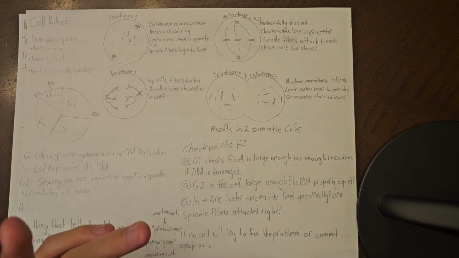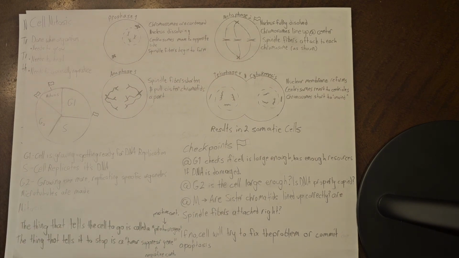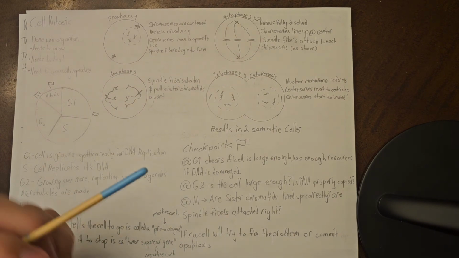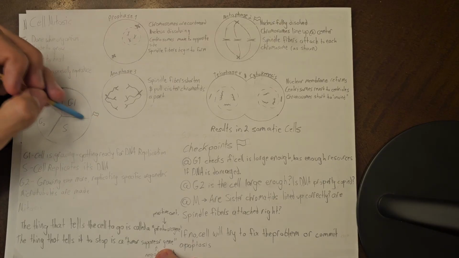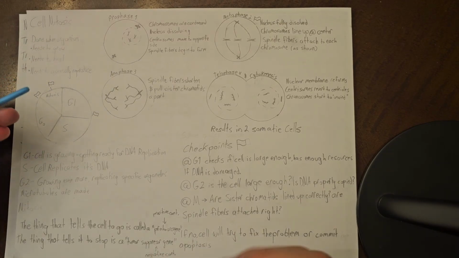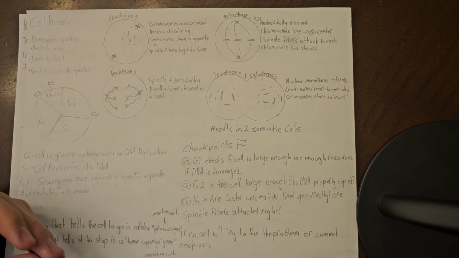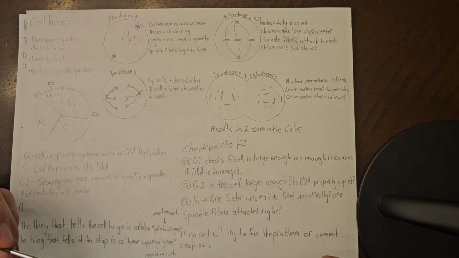In mitosis in general, there are 3 checkpoints. At the end of G1, there is a check if the cell is large enough, has enough resources, and if the DNA is damaged. If it doesn't pass this one, it tries to repair itself, or it goes straight to G0, which is like retirement, right? It stops replicating any more cells.